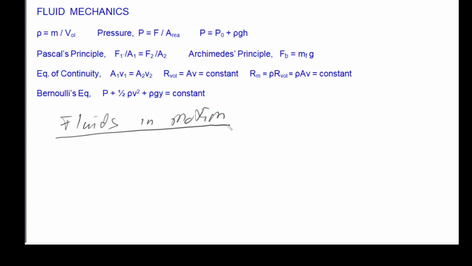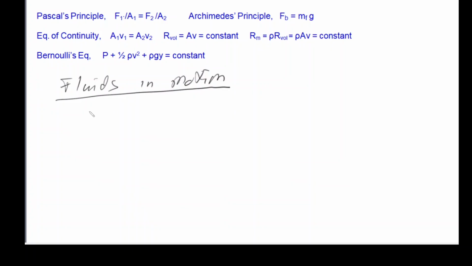So there are four assumptions for an ideal fluid. The first assumption is that it has steady or laminar flow.